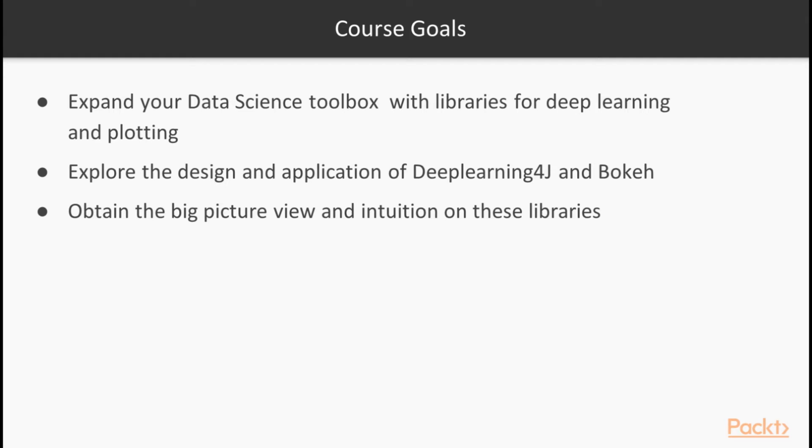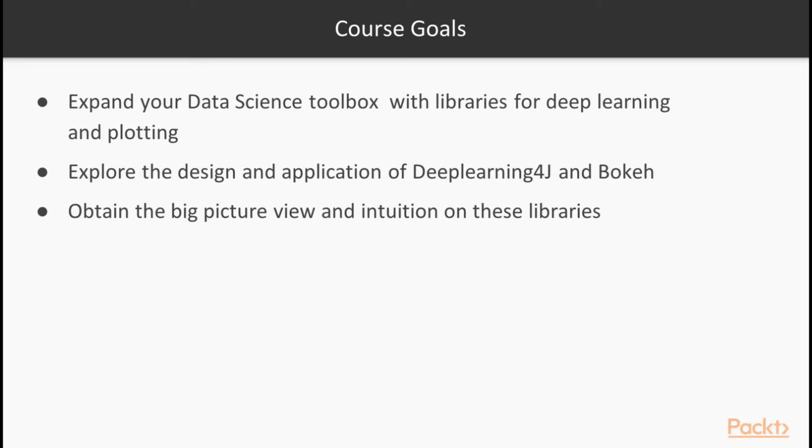Therefore, during this course, I would like to stress the knowledge of the big picture of the technologies that we are learning. Therefore, the course will be constructed with the theory and practice necessary to develop the intuition on what tools these libraries can provide, what problems they can solve, and most importantly, where you can find the information on how to utilize different aspects of these libraries.